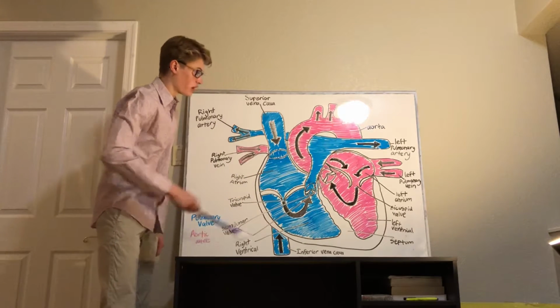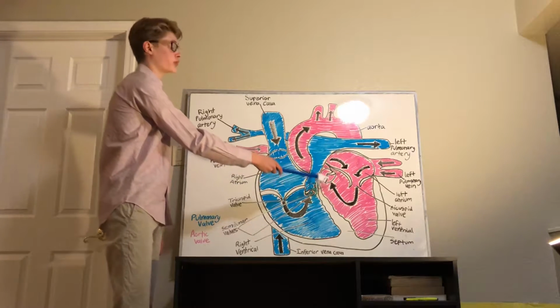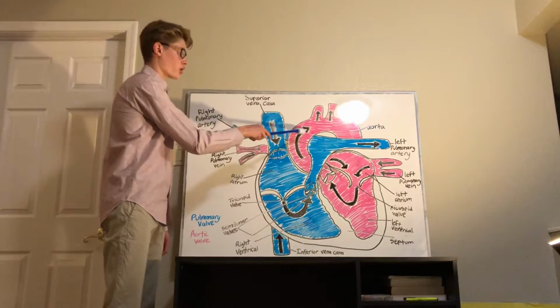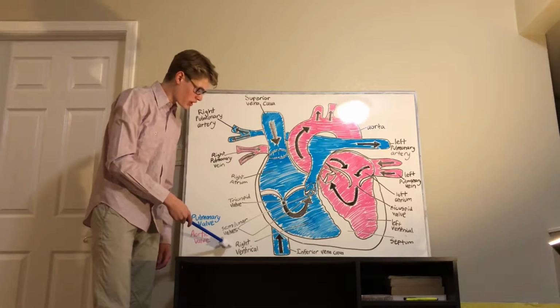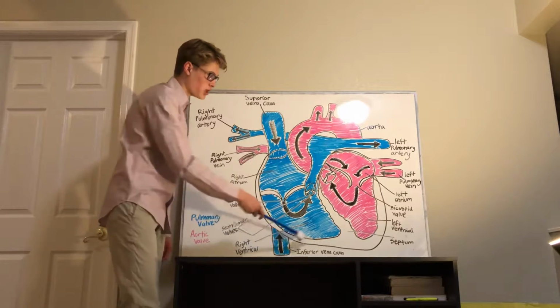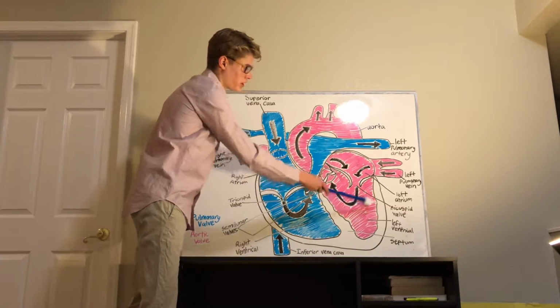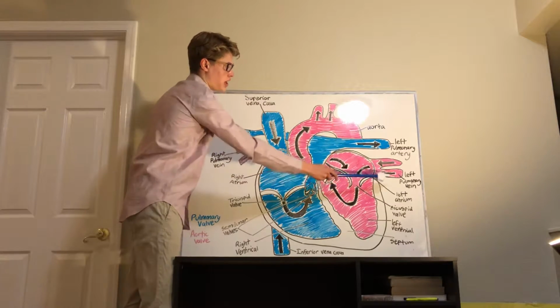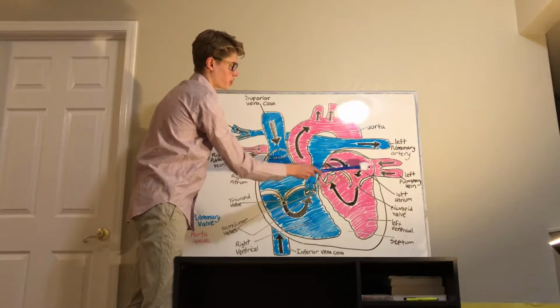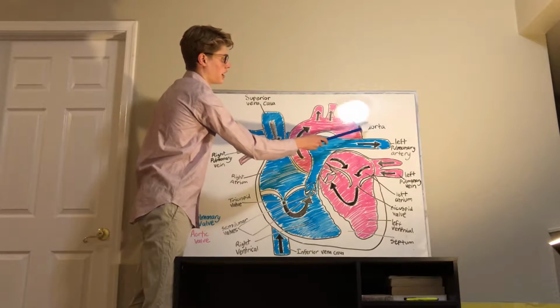Then there's the aortic valve, which allows for the left ventricle to allow for blood to travel into the aorta. Then the other parts are the right ventricle, the inferior vena cava, the septum, the left ventricle, the bicuspid valve, the left atrium, left pulmonary vein, left pulmonary artery, and the aorta.